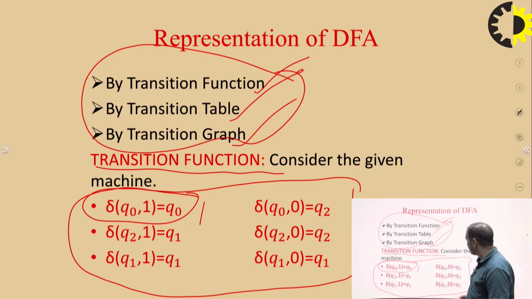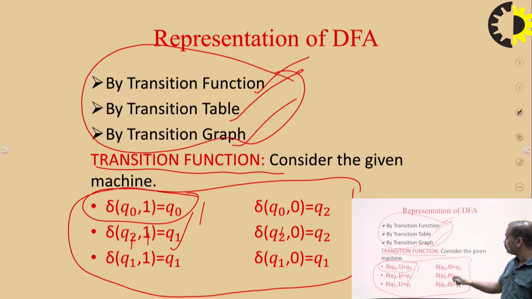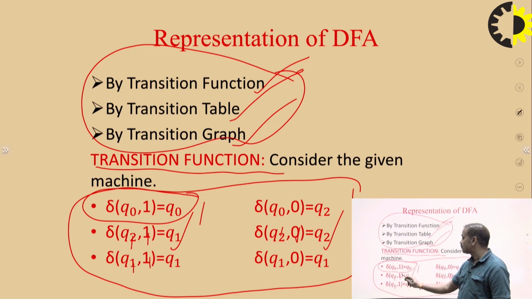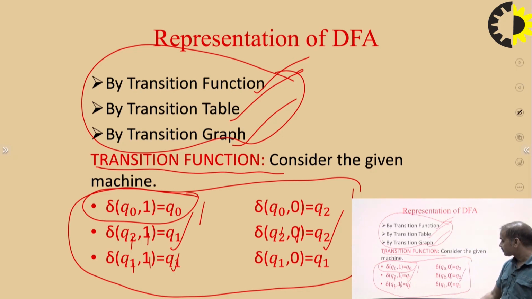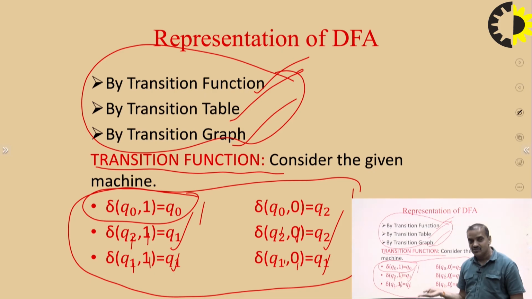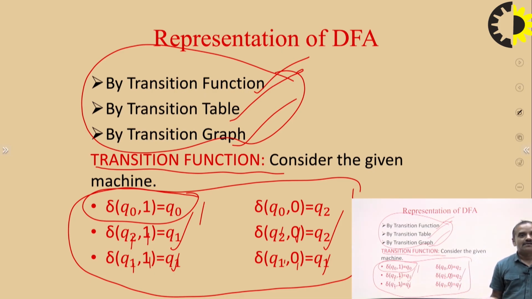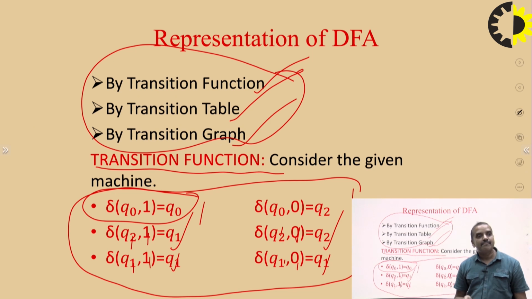State Q0, input 0, the next state is Q2. Q2, input 1, the next state is Q1. Q2, input 0, the next state is Q2. Q1, input 1, the next state is Q1. Q1, input 0, the next state is Q1.